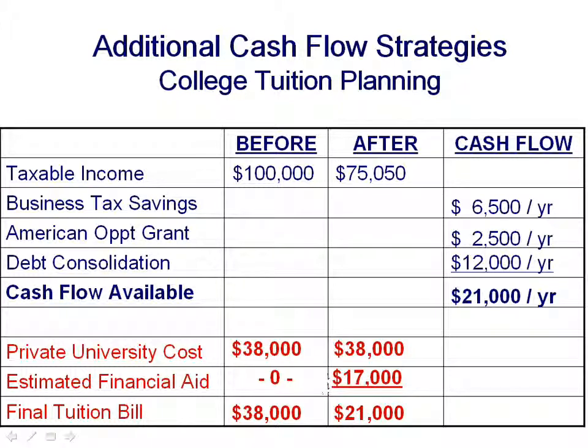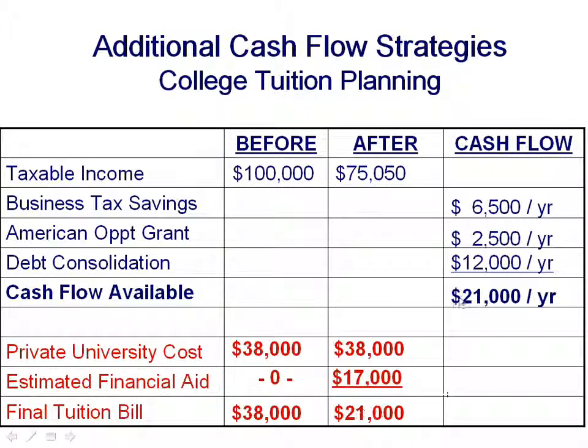So let's just say that the college offers Joe's child $17,000 in financial aid to go to this particular private school. So he now has $21,000 that he owes for a final tuition bill.